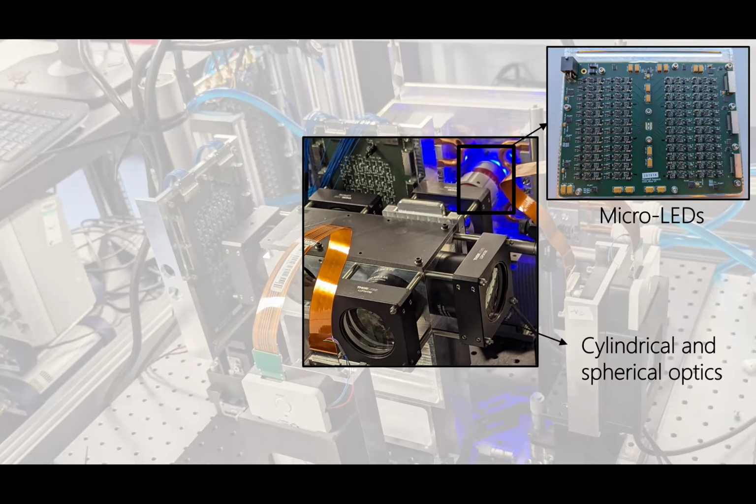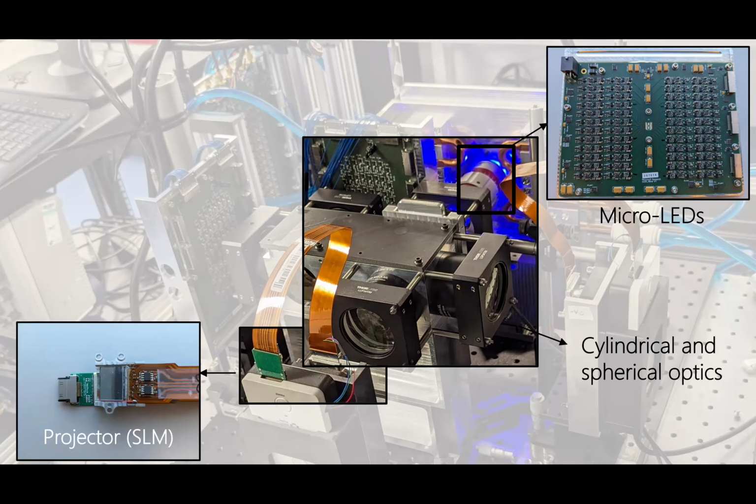The light from those LEDs is captured by a series of lenses and is directed towards the spatial light modulators where the weights are. And we're using a mixture of cylindrical and spherical optics. I'll come on to that in a minute for anyone who's interested in optics. The projector itself is a spatial light modulator, which has about 2,000 by 2,000 pixels.